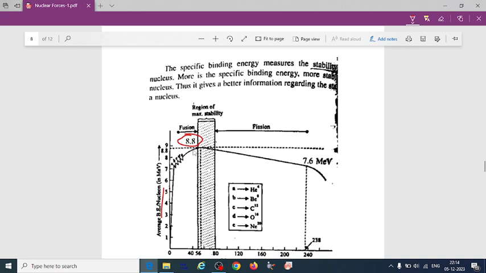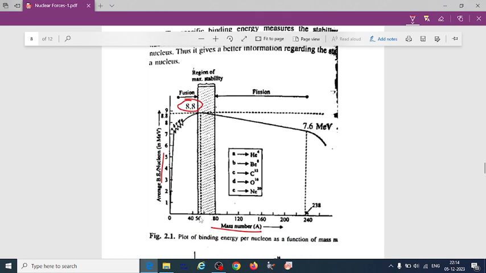After that it gradually increases and attains the maximum value of 8.8 around mass number 56, that is for iron. Mass numbers 56 to 80 are the most stable elements in the periodic table. This is the reason for maximum stability. So fusion takes place for lighter nuclei, and fission after mass number 80.